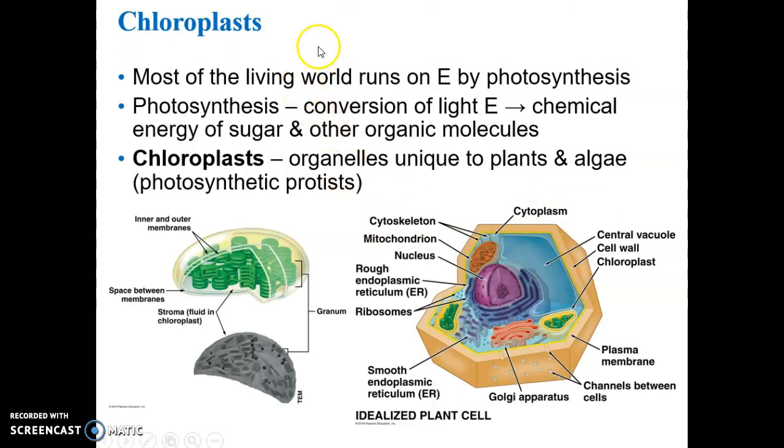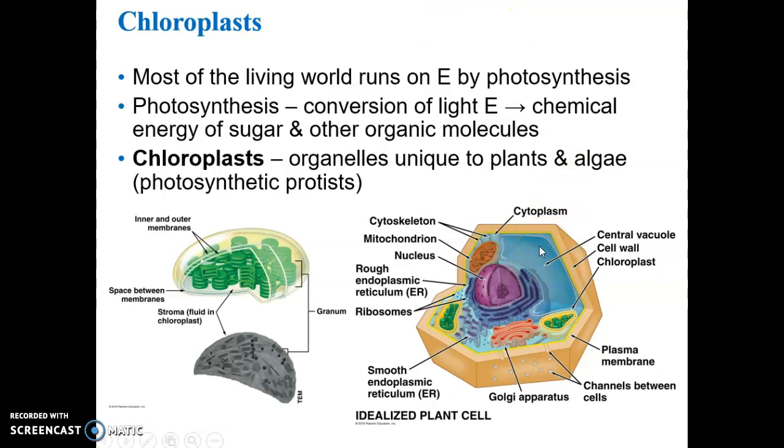So the chloroplasts, most of the living world actually runs on the energy produced by photosynthesis. So all of the animals and consumers have to eat energy provided and stored within plants, or animals eat other animals that eat plants, right?